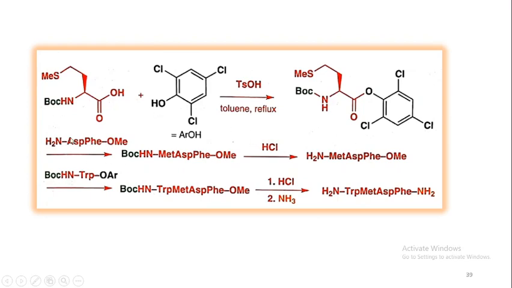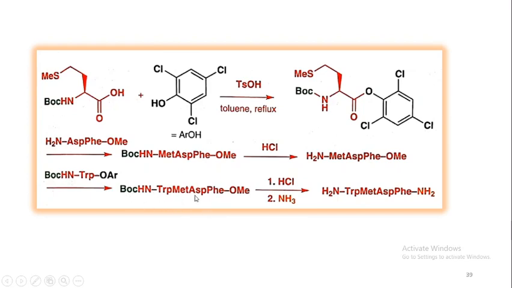And when this reacted with this NH2 Asp-Phe-OMe linkage, we got this peptide molecule, and after reaction with HCl, the HCl can deprotect this Boc group, we got this amine, and after the deprotection the amine group is reacted with this protected group, and we got this linkage.